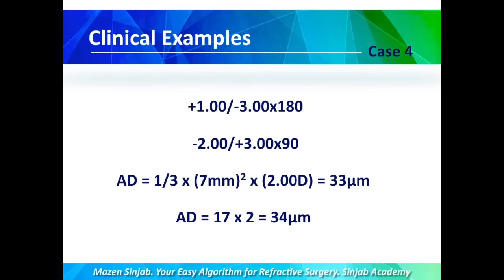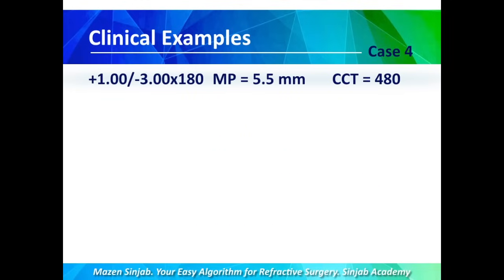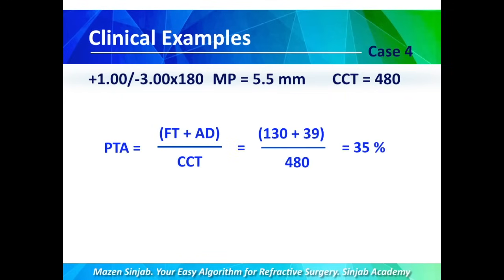So as you see, there are 3 methods to calculate ablation depth in this case. Now, the PTA, in this case, for a flap thickness of 130 microns, will be 35%, which is accepted.